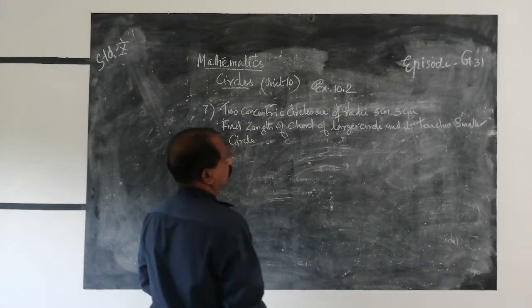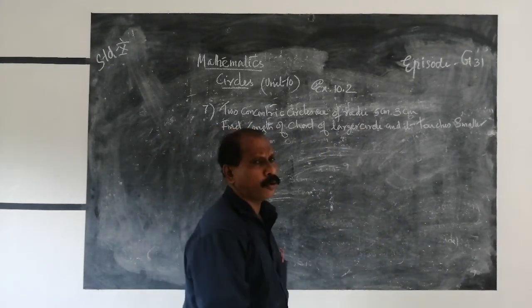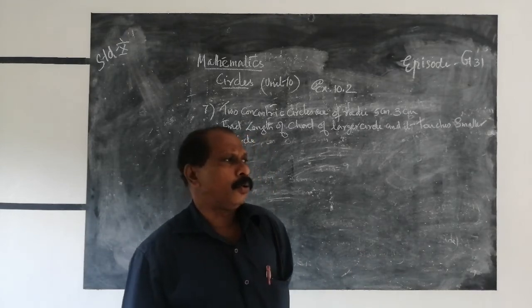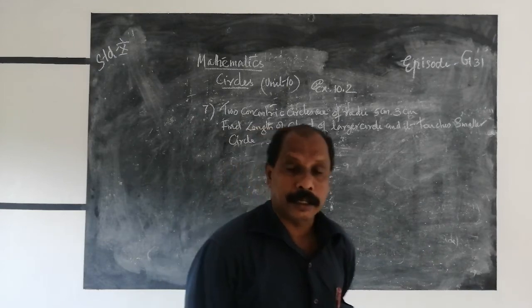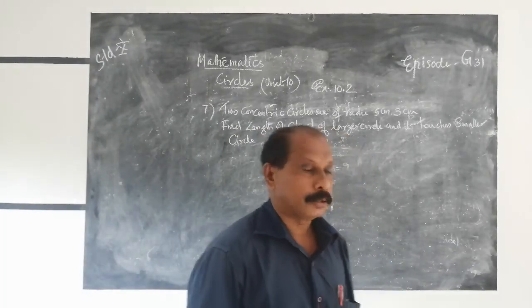Two concentric circles are of radius 5 cm and 3 cm. What are concentric circles? Two or more circles with different radii and the same center are known as concentric circles.